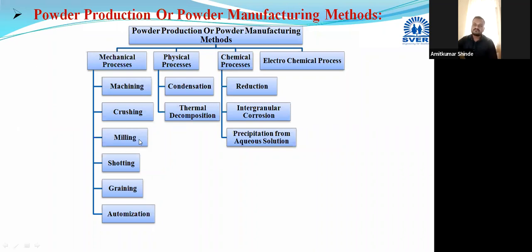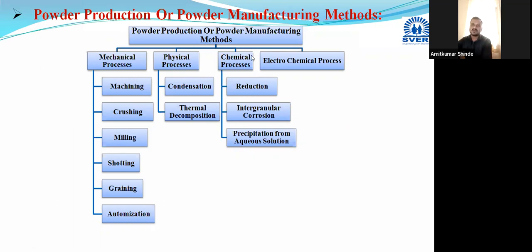Now a comparison. In this milling method, we obtain irregular shaped powder particles. And in all these three methods, machining, crushing or milling, there will be some stresses inside the powder particles.